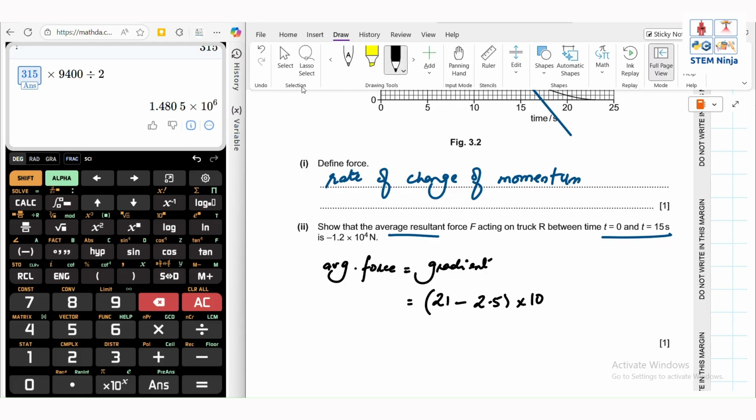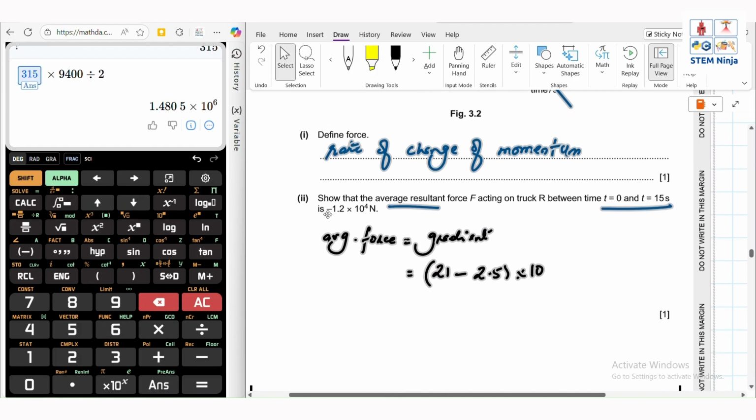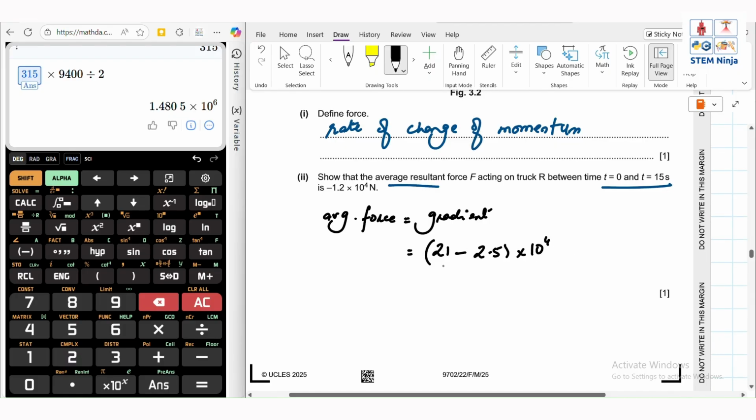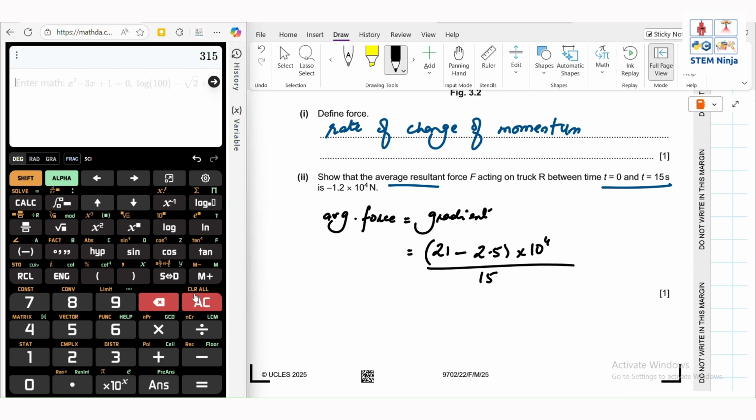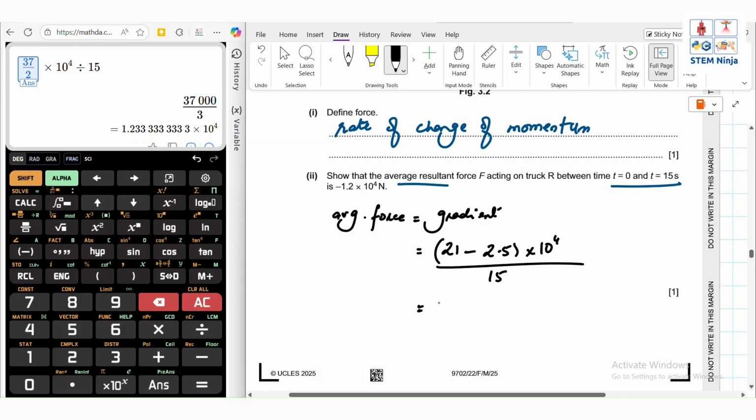Oh no, 10 raised to power 4 divided by 15 seconds. So we have 21 minus 2.5 times 10 raised to power 4 divided by 15. We get this value. So 1.23 recurring, times 10 raised to power 4 newtons.